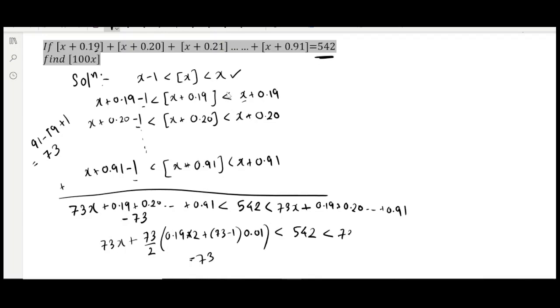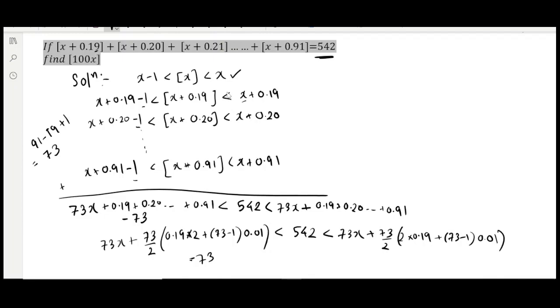Similarly 73x, this is the same term here, again an AP, right? Twice the first term, same 0.19, plus 73 minus 1 times the 0.01 difference.